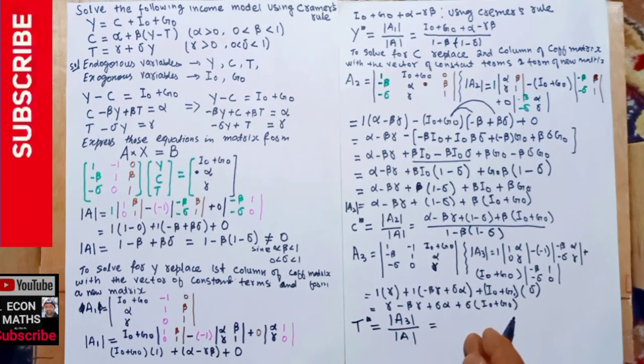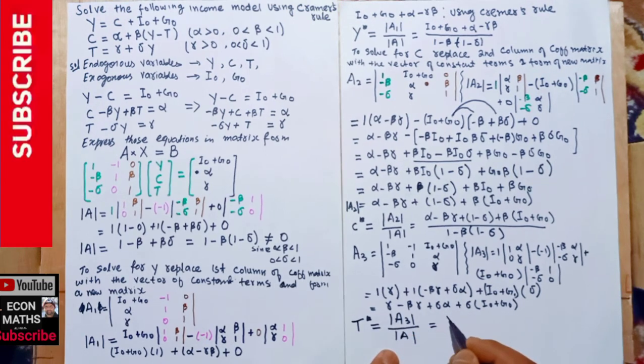Now our A3 is here, that is gamma minus beta gamma plus delta alpha plus alpha, this is delta. I am not getting this now because my back is paining.